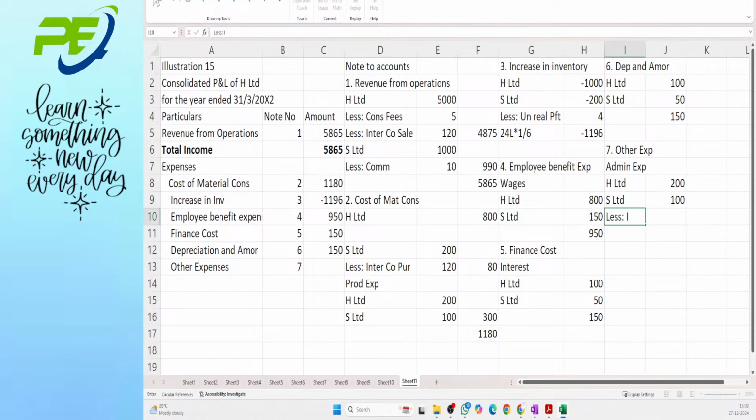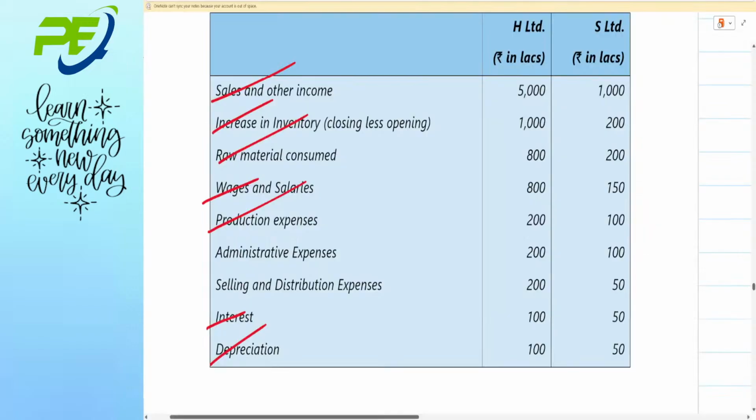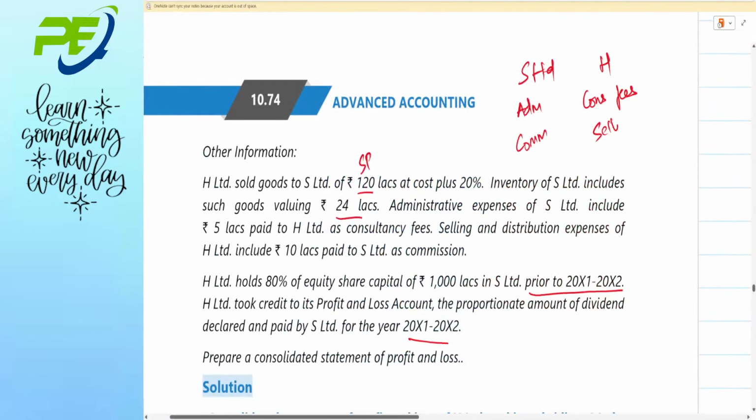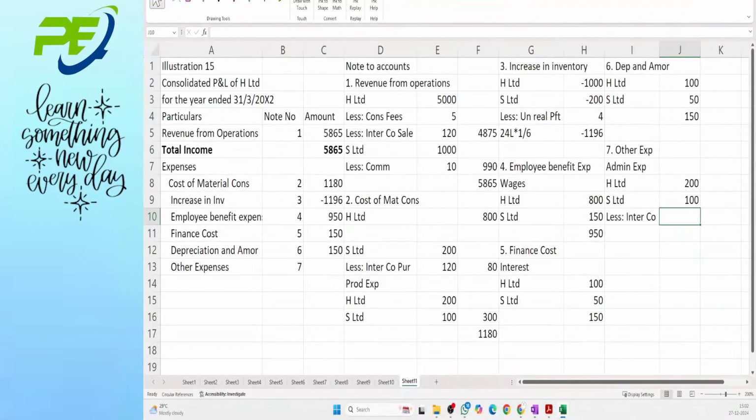Less intercompany owings. See, in admin expense, they have given that admin expense of S Limited includes 5 lakh. We have reduced it in income. Now we are reducing it in expense. So less intercompany owing minus 5. So total 295.